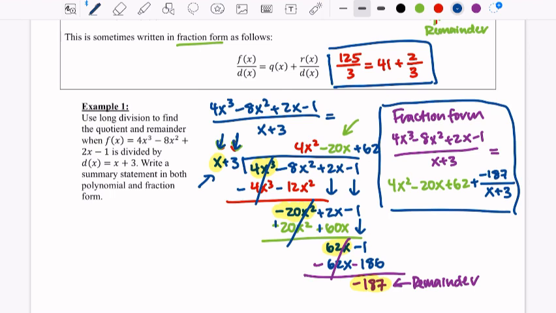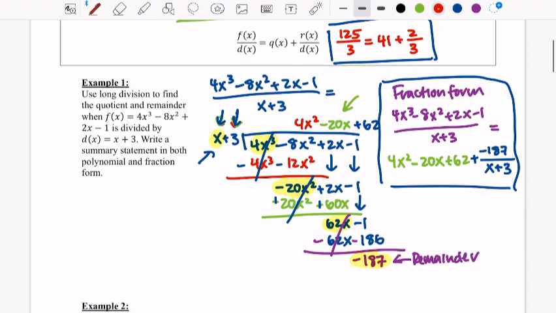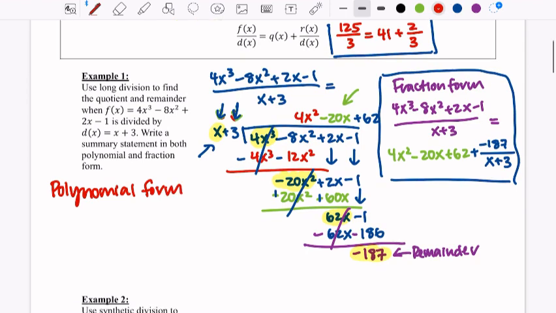All right, if I wanted to write this in polynomial form, this would look like my function, 4x cubed minus 8x squared plus 2x minus 1.